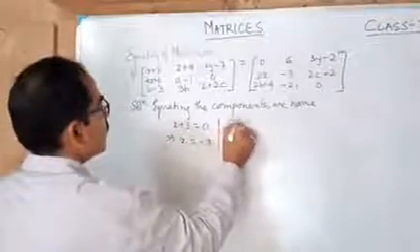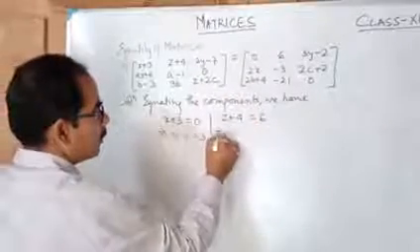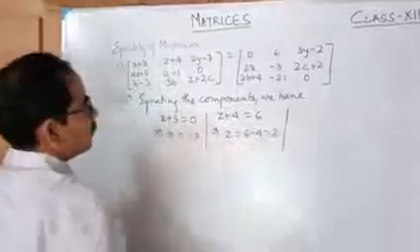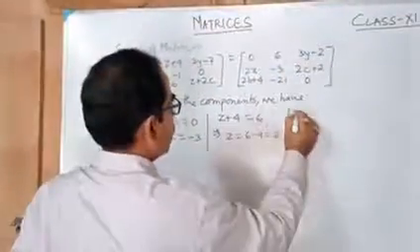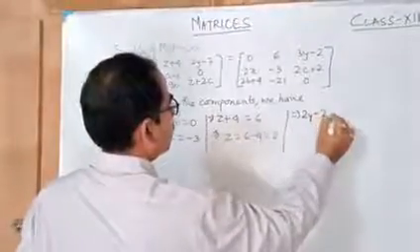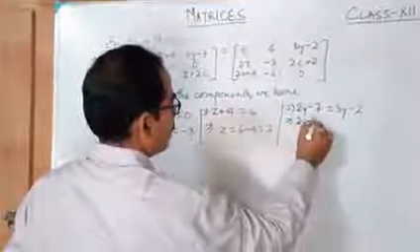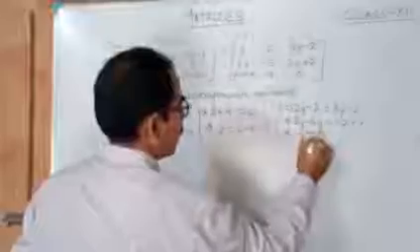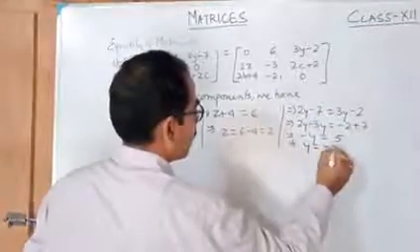Next, z plus 4 equals 6, so z is 6 minus 4, that is equal to 2. Similarly, 2y minus 7 equals 3y minus 2. From there 2y minus 3y equals minus 2 plus 7, that is minus y equals 5, or y equals minus 5.